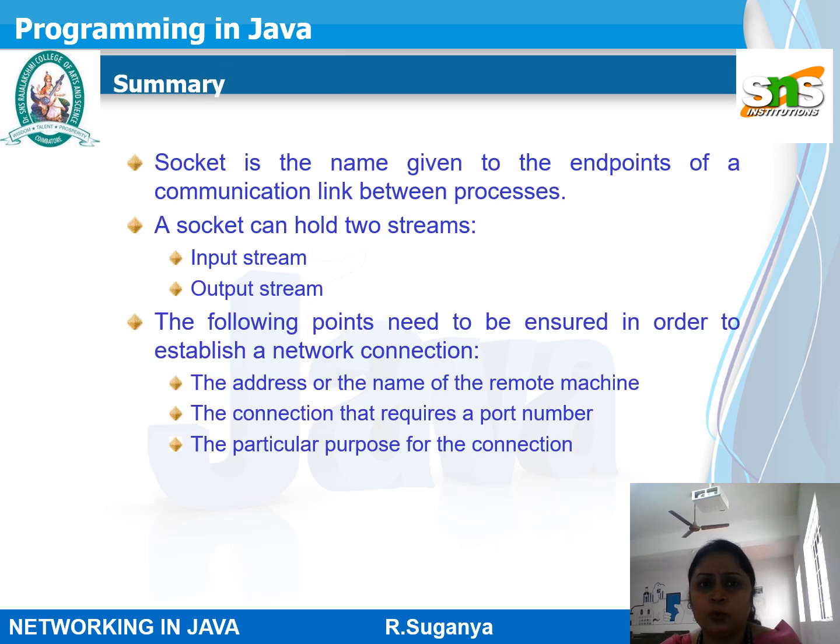Now we know what a socket is. The socket is a name given to the endpoint of communication, which is a link between the processes. We have two streams, the input stream and the output stream. The following parts need to be ensured in order to establish a network connection: the address, the port number, and the purpose of the connection.